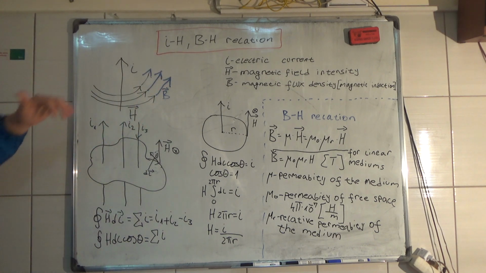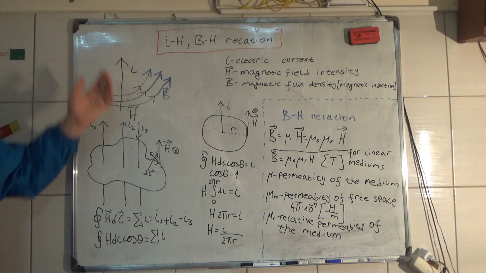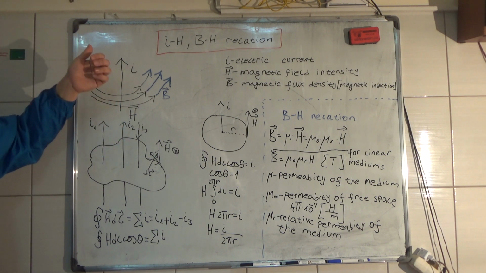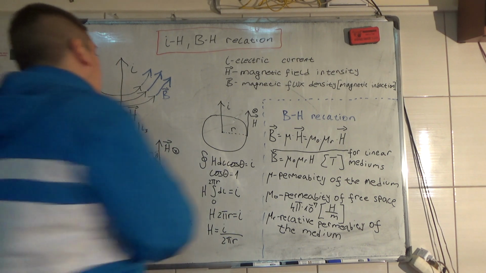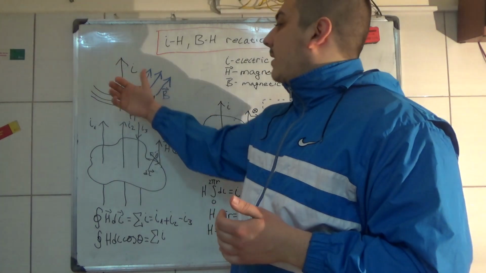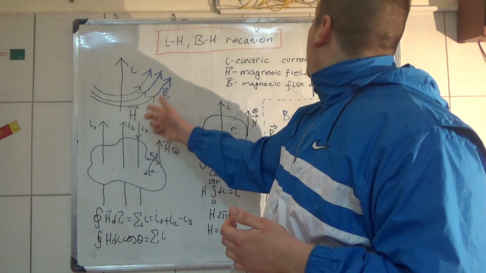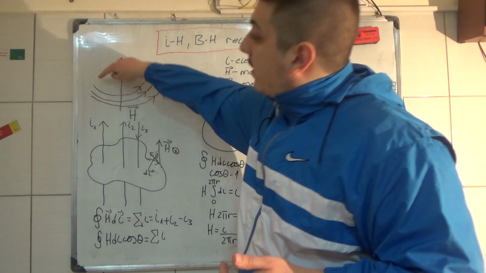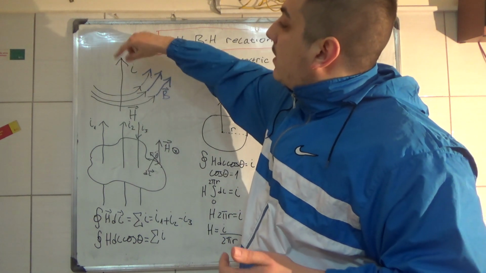So when we have a current going upwards, we are going to have magnetic field intensity around that circle.